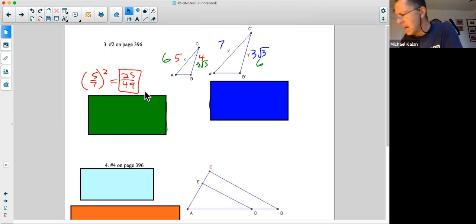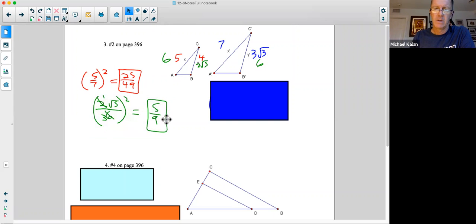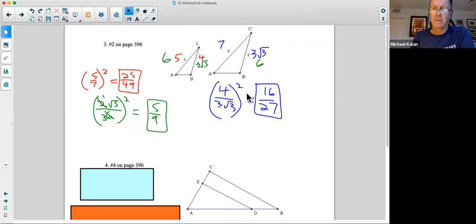Okay. Second part says if y is equal to 4 and y prime is equal to 3 root 3. Okay, so let's try that one. Oh well. This one. So 4 over 3 root 3 would be how you'd set it up because they want the ratio of the areas of the triangles.